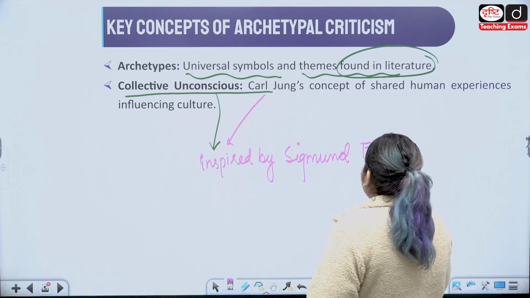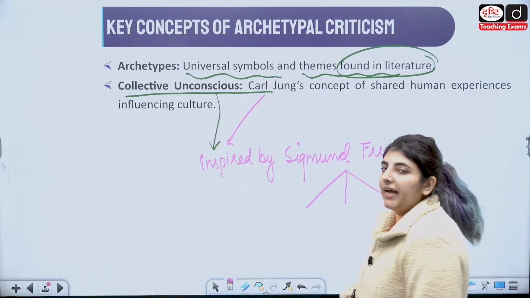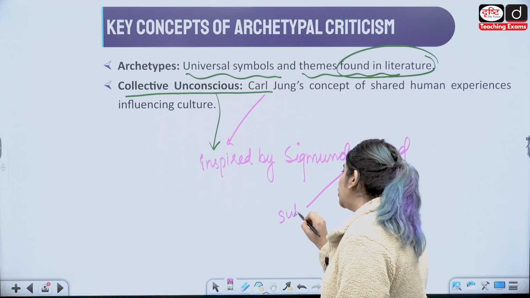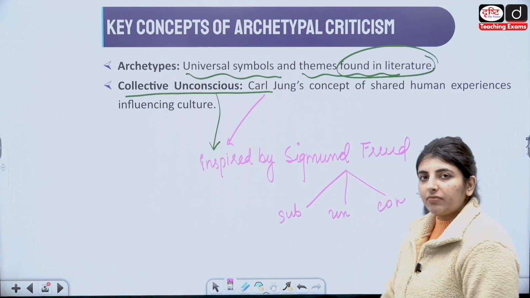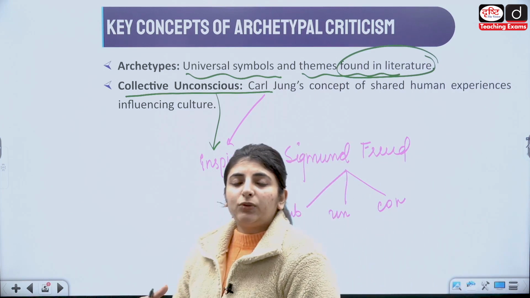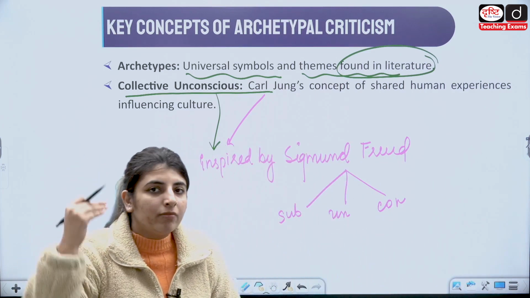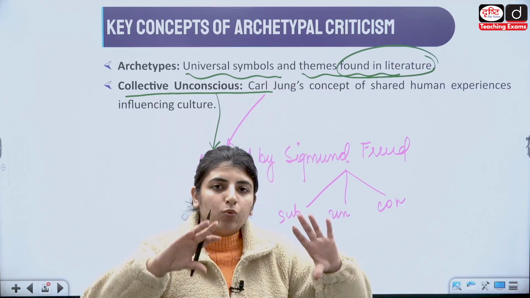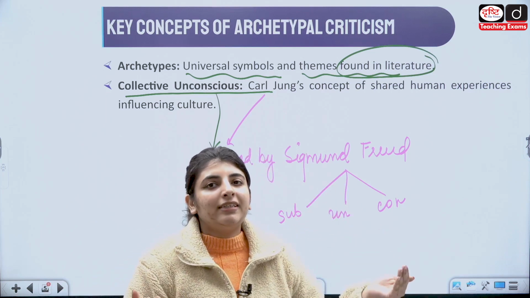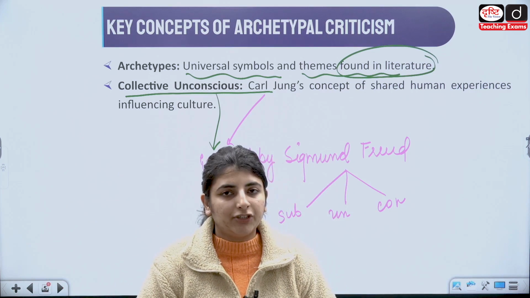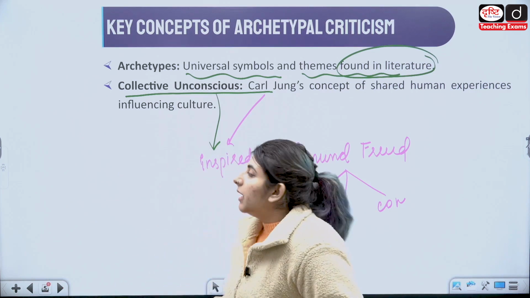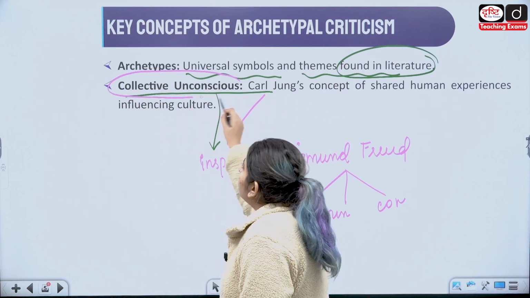And it is Freud who has given us the ideas of the subconscious, unconscious and the conscious mind, right? The way he explores the different layers of a human mind and brain is what, later on, Jung takes forward in uncovering the meanings hidden beneath different cultures. And this term he gives by the name collective unconscious.